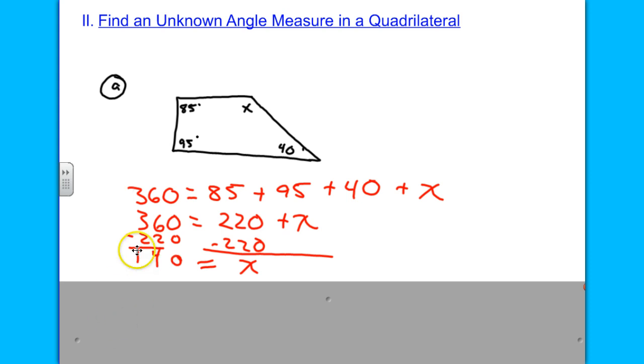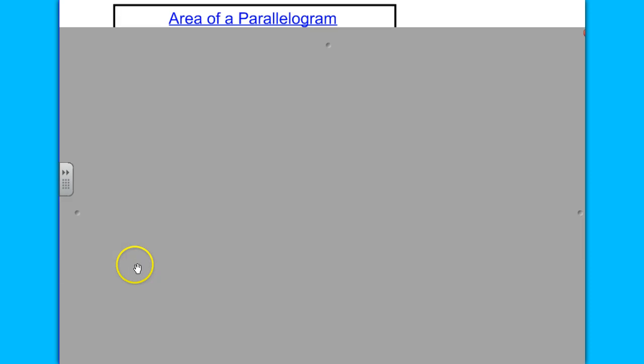So when we subtract, we know that this missing angle is 140 degrees. Does that seem reasonable? Yes. Does this angle look bigger than a 90-degree angle? Yes. So we always want to check to make sure it's reasonable. Okay, so if you're asked to find an unknown angle measure, use what you know about quadrilaterals. We have 360 degrees in a quadrilateral.